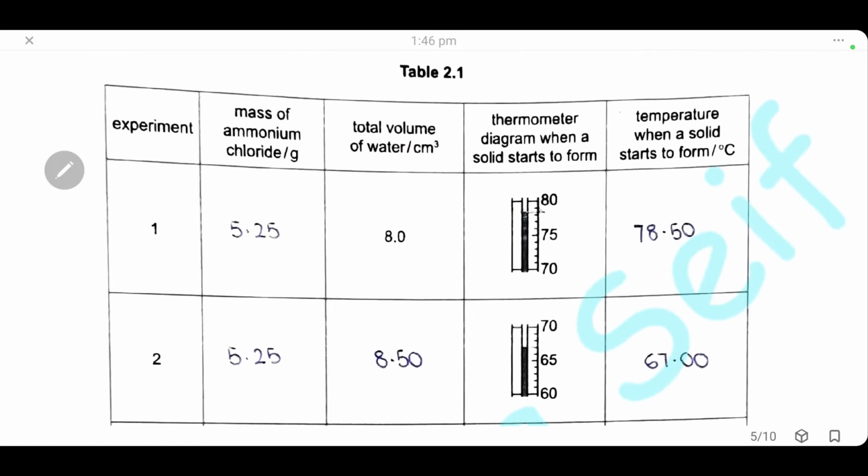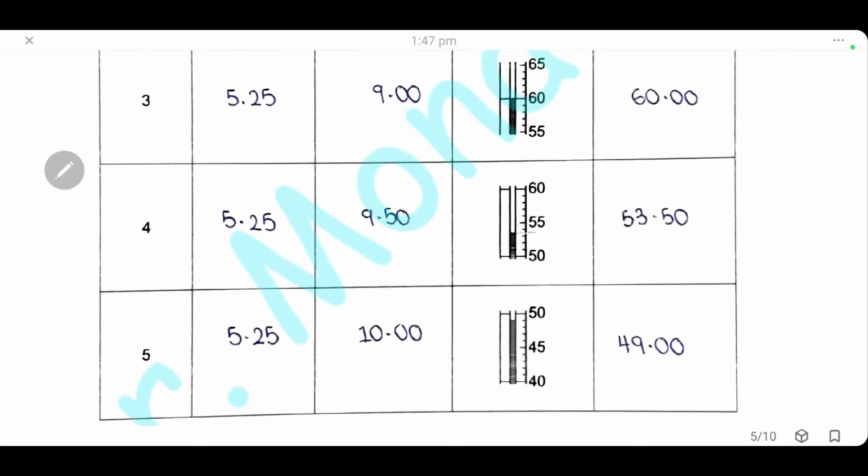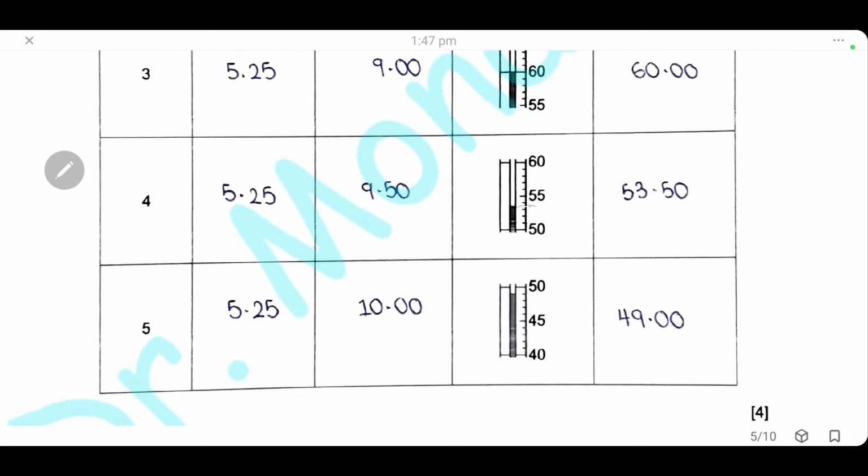Then the total volume of water, we start in experiment 1 with 8 centimeter cube of water, and each time we will increase the amount of water by 0.5 centimeter cube. So here we will have in experiment 2 8.5, then experiment 3 9 centimeter cube, experiment 4 9.5 centimeter cube, finally in experiment 5 10 centimeter cube.